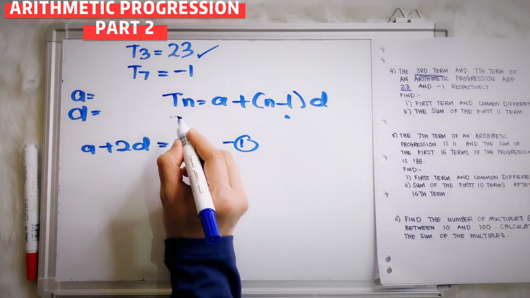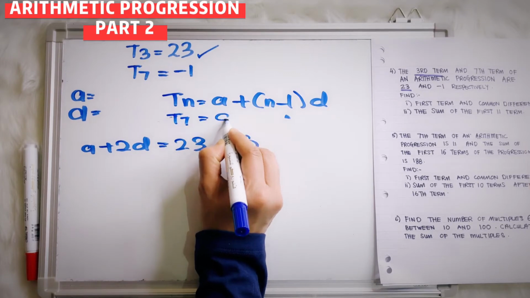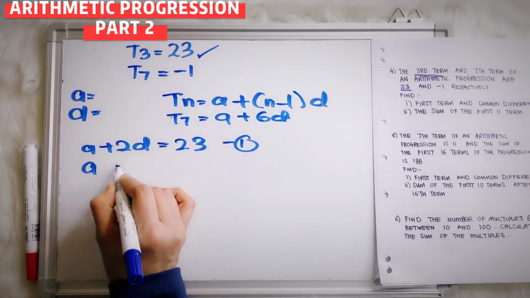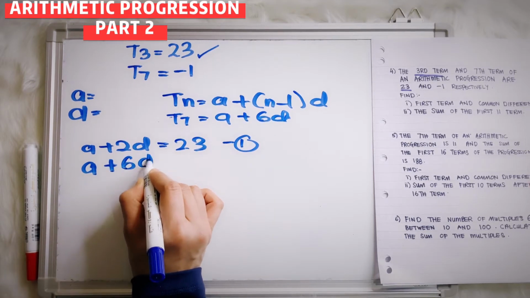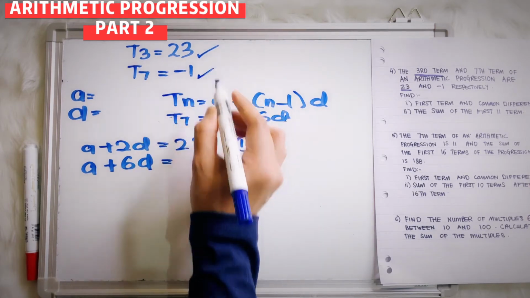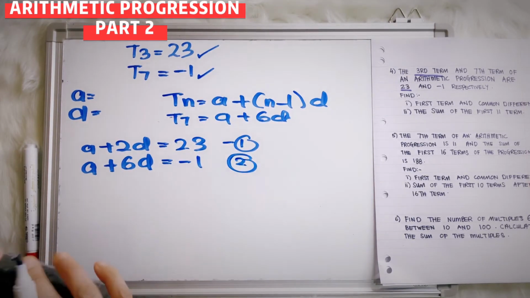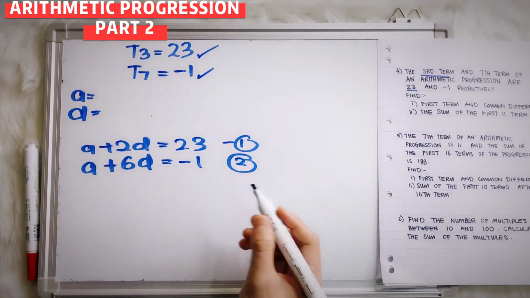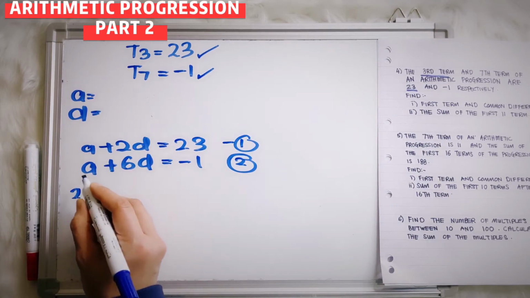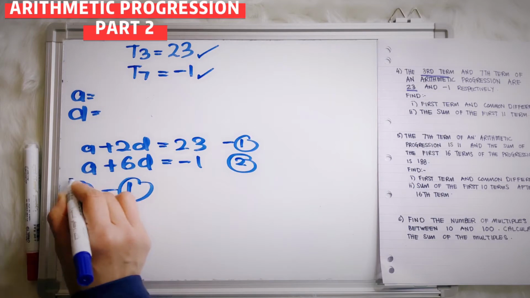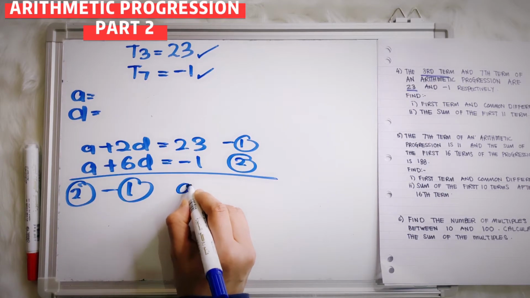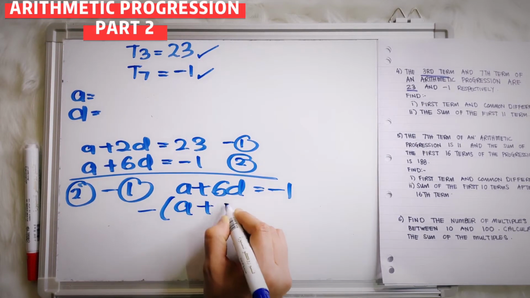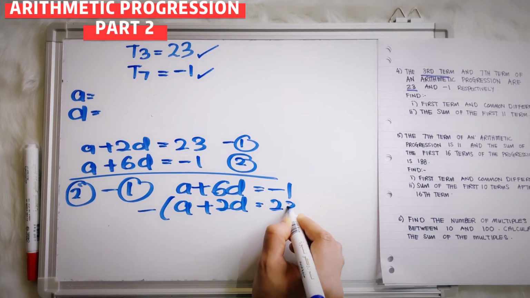Now the next one, T7. Same also, T7 equals A plus (7 minus 1), 6D. So we put here A plus 6D equals -1. Now I take the second minus the first: A plus 6D equals -1 minus A plus 2D equals 23.